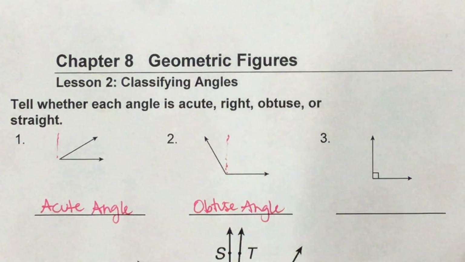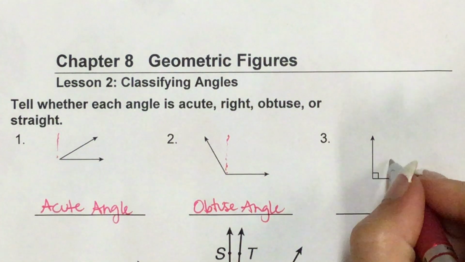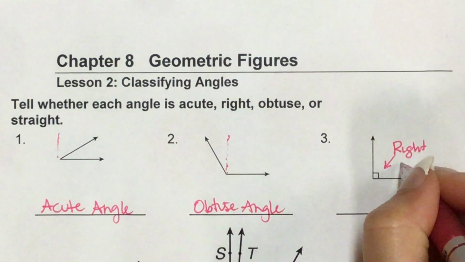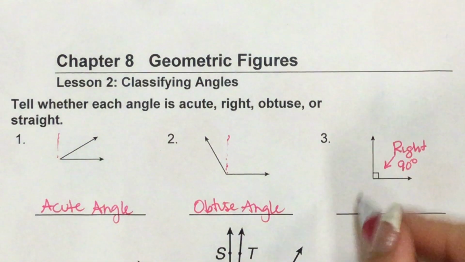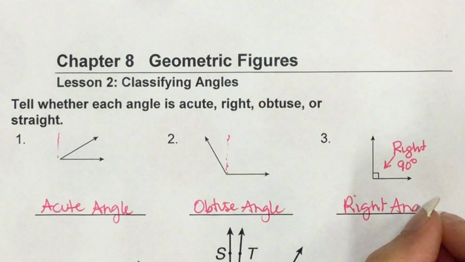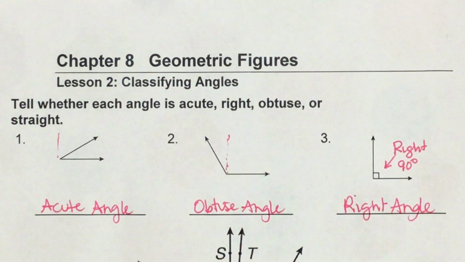And number 3 has this little mark right there, which means it is a right angle and it's 90 degrees. So number 3 is a right angle. If you got all 3 of those right, great job.